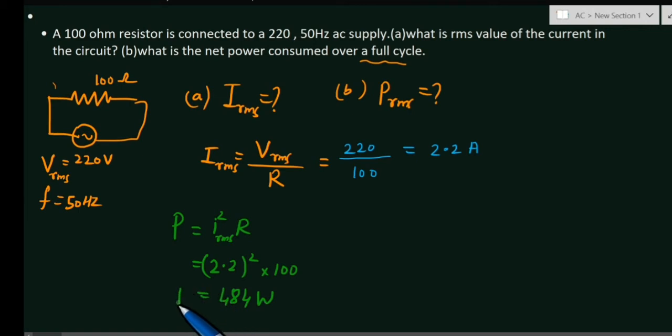So this is the value of power consumed over a full cycle of AC. So it should be the RMS value of power. That is why the current is also the RMS value we took. Okay, next question.